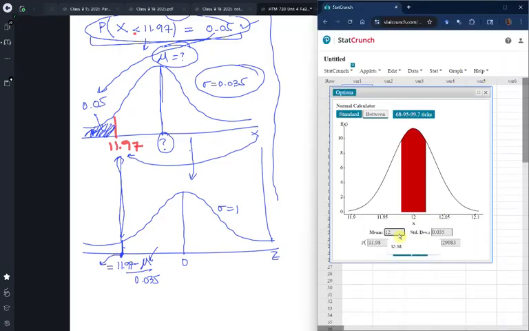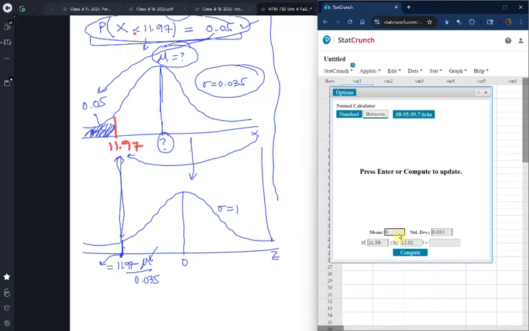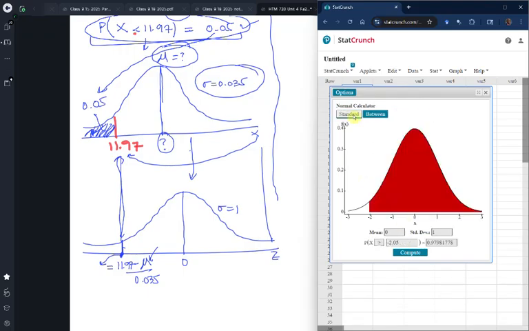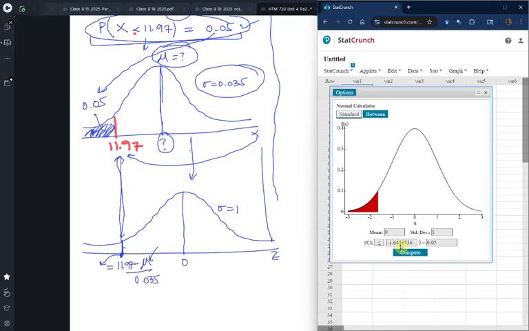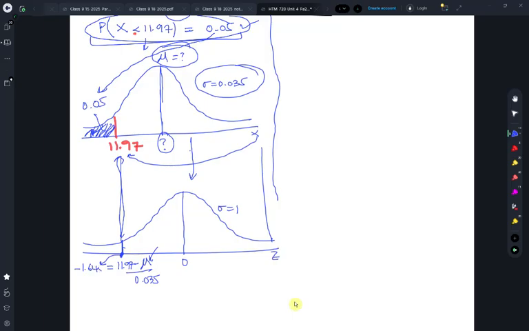I'm going to change this to 0, and the standard deviation is 1. And I want to find a value of z so that the area to the left is 5%. So the area to the left of an unknown z value captures the bottom 5%. So compute. This is negative 1.645 approximately.